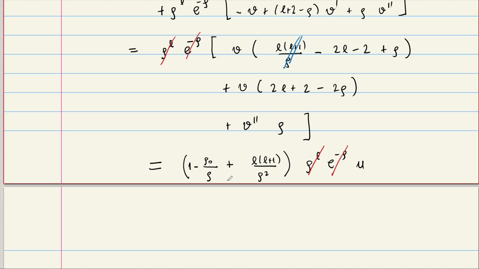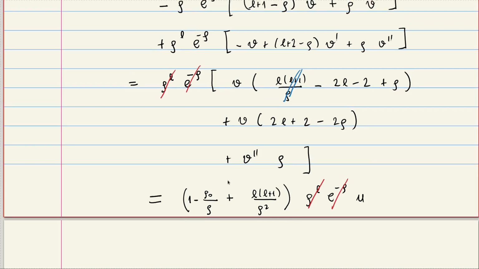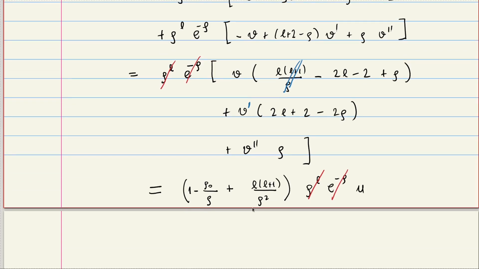So this is rho. Somehow, why did I miss? I think we're missing V prime. Oh, here, this one, right? So this is V prime. So this one is supposed to be rho squared. Oh, I see. So what I did is, this was plus 1.